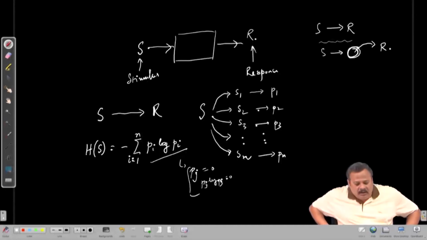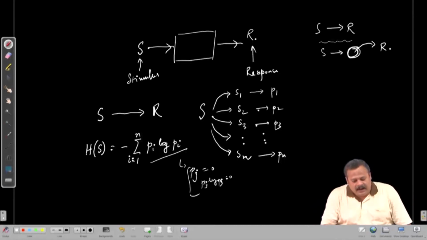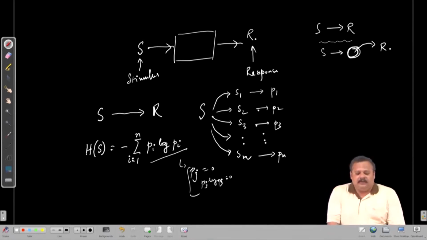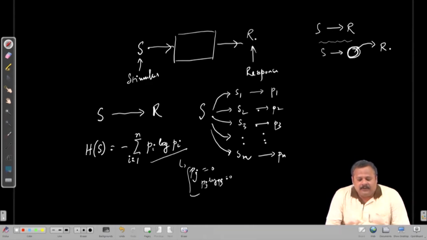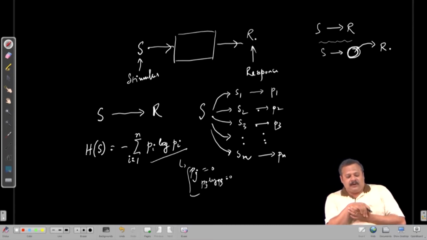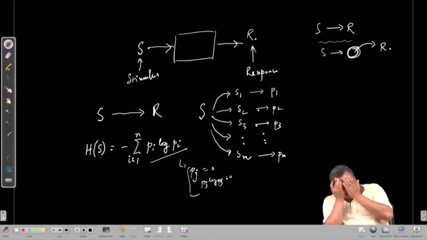So, when we have the random variable S taking on the value S1 with probability P1 and all the other stimuli have a probability of 0, that is P2 to Pn are 0, then given that the sum of P1 to Pn must be 1, given that it is a distribution, our P1 has to be 1, and the uncertainty based on this formula turns out to be 0, log of 1 being 0.